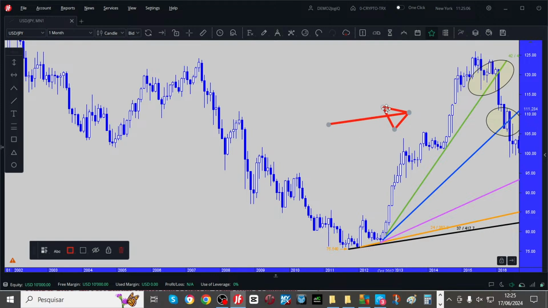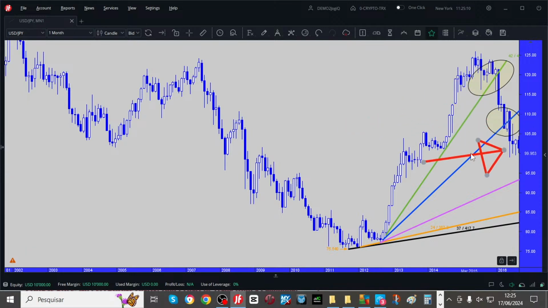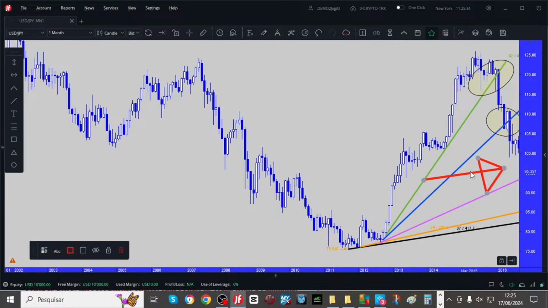Okay everybody, talking about direction, this is not trading yet, makes sense? Short term, the market is falling, but because we have the black long-term uptrend line, the medium-term orange uptrend line, and the short-term violet uptrend line, this market long term is still a buy. Does this make sense?